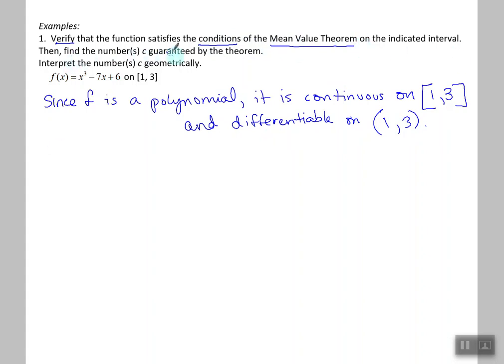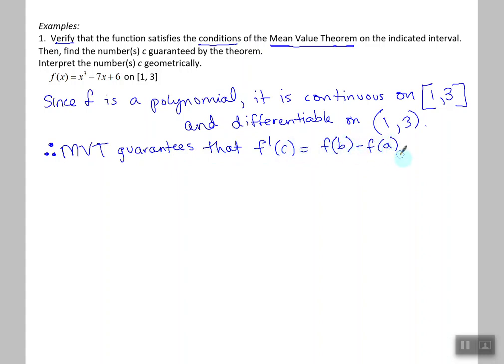Now we can find the number c guaranteed by the theorem. Let's practice stating what these conditions guarantee. We'll say, therefore, the mean value theorem guarantees that f prime of c equals f of b minus f of a over b minus a for some c on the interval 1 to 3.